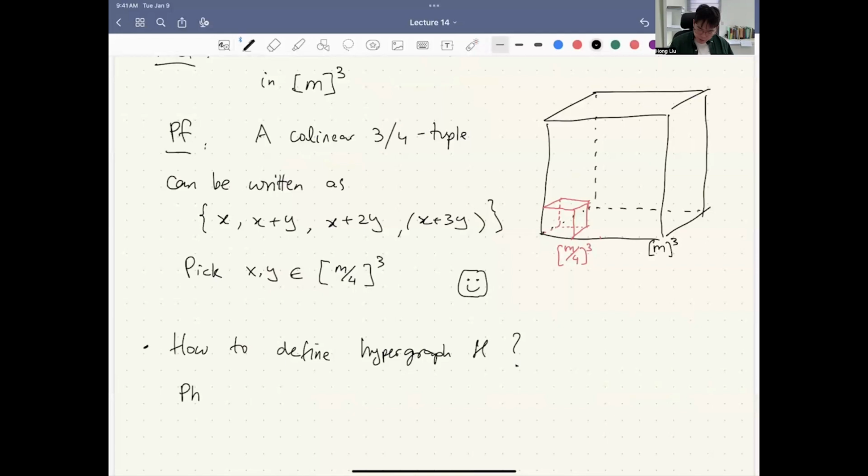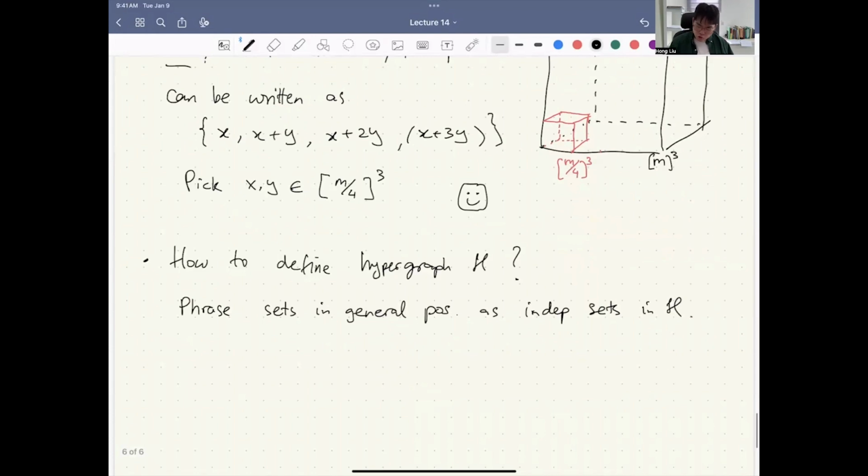The natural choice is that the vertex set is just the set of points, if you have n points.